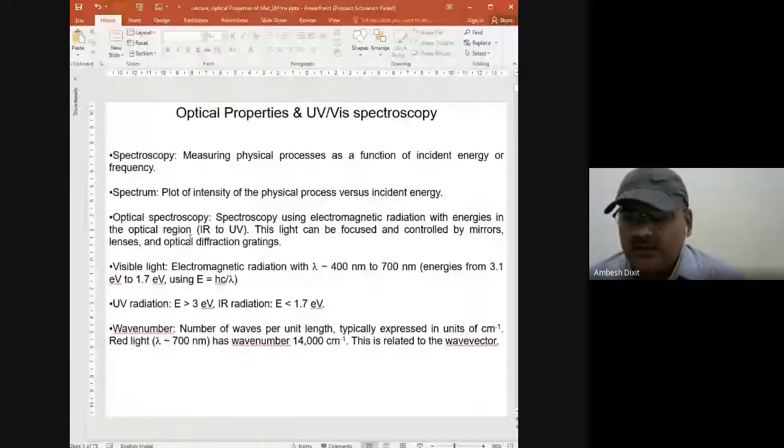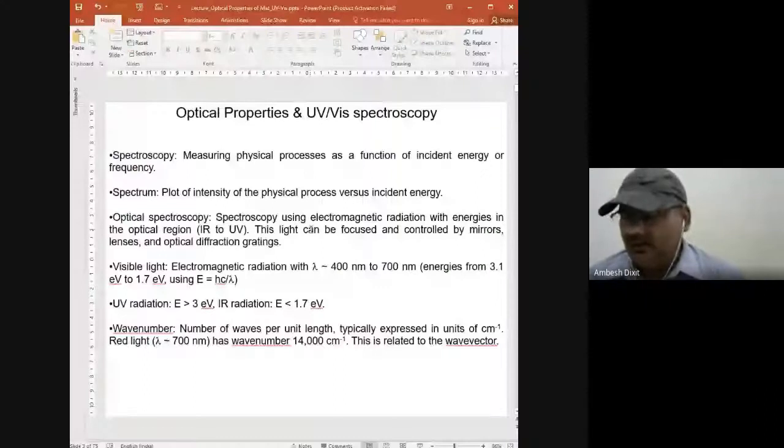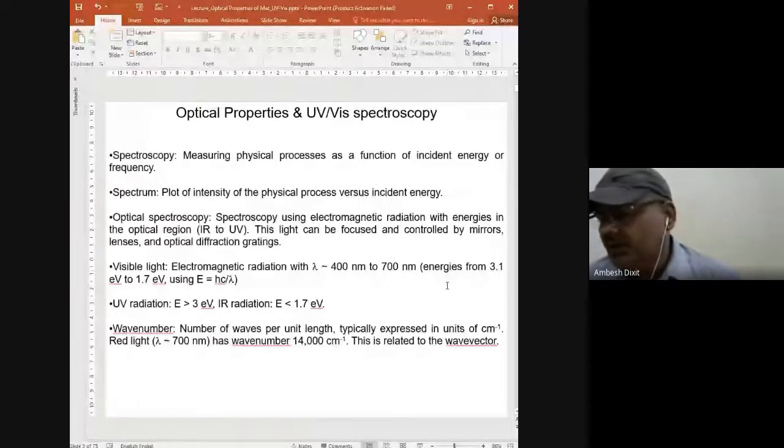This light can be focused and controlled by mirrors, lenses, and optical diffraction gratings, and that's why it is easy to work with. Visible light, like I said, is in the range of 400 nanometer to 700 nanometer. Sometimes, if you go to the UV, you have a source that works from 300 nanometer to 800 nanometer and so on. The energy is 3.1 electron volt to 1.7 electron volt, corresponding to 400 nanometer to 700 nanometer.